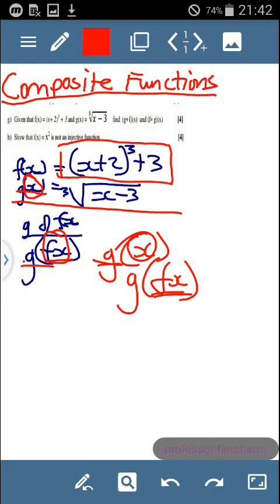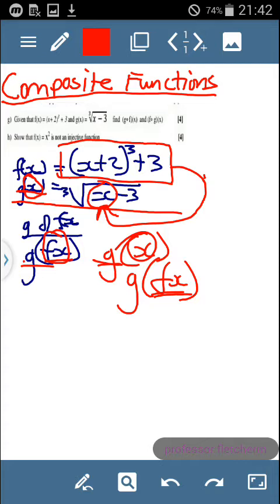So in this g of x, we are going to substitute for this x, yes, that x, this whole big chunk. That's why it's called a composite function. It's a function within another function.